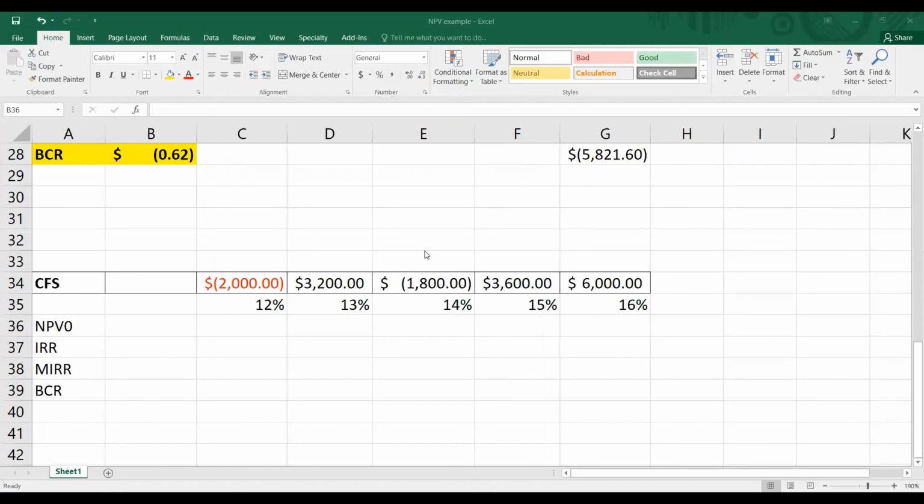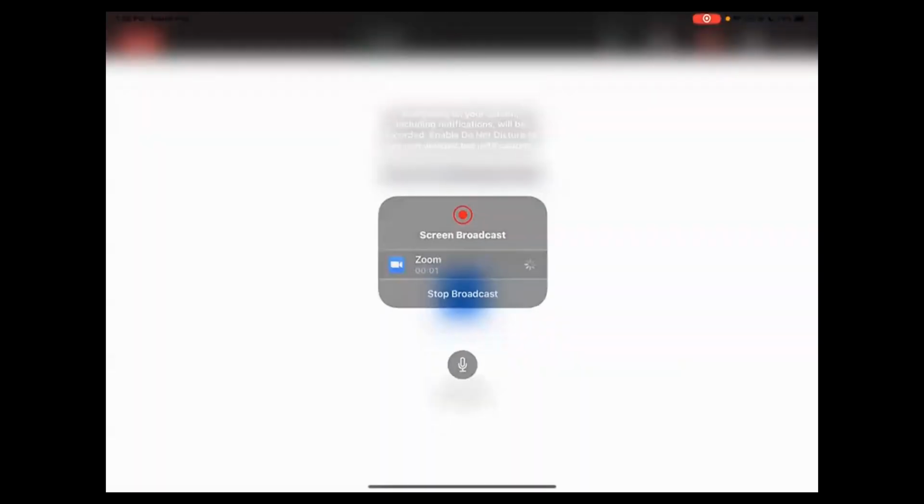Professor, can I share my screen? Sure, go ahead. Can you see the screen?